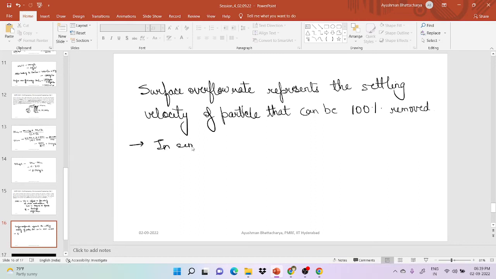In simple terms, suppose v is the settling velocity of the particle. If the settling velocity of the particle is greater than the surface overflow rate, that means 100% removal of particles will occur.